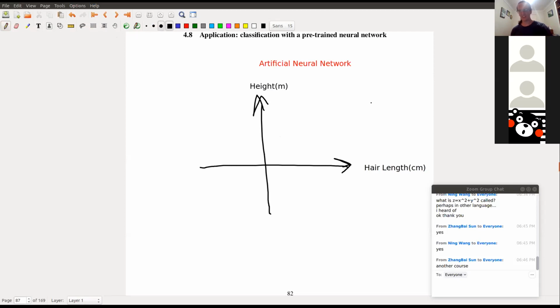If height's in meters, I'm going to use this color, which means male, and another color, green, which would be female.